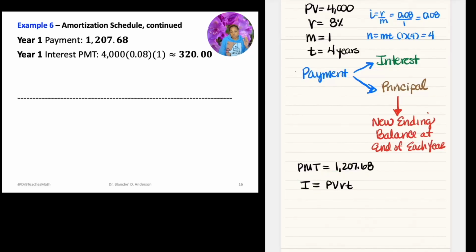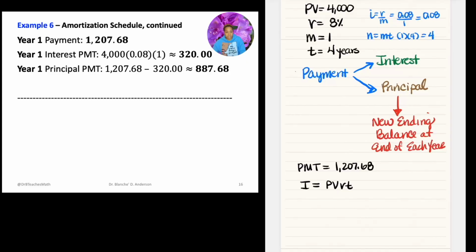So after you say, okay, this is how much interest I have to pay on the $4,000, now you need to say, okay, whatever's left over of my payment, $1,207.68, I'm going to subtract the $320 that goes to interest. When I subtract the interest from the payment, this is how much is going to the principal, because the financial institution is going to get their money.